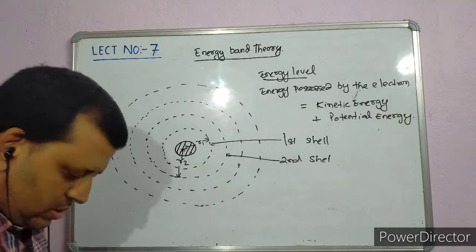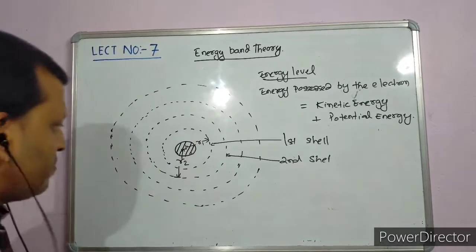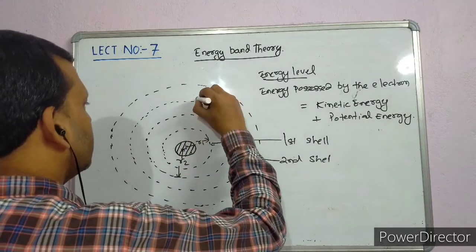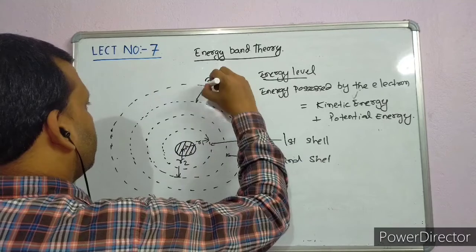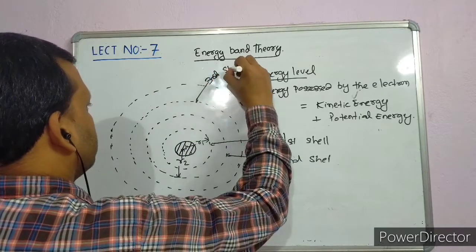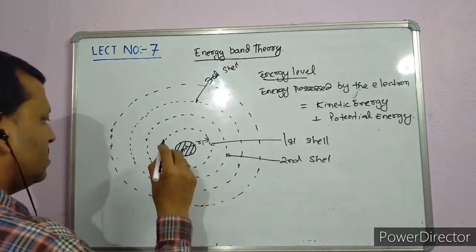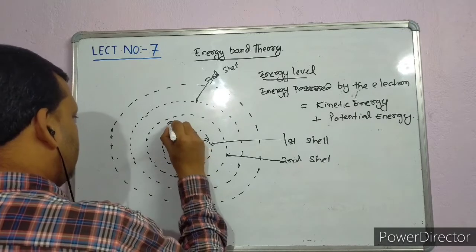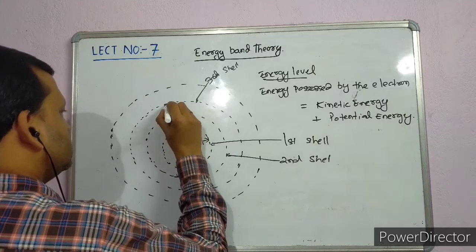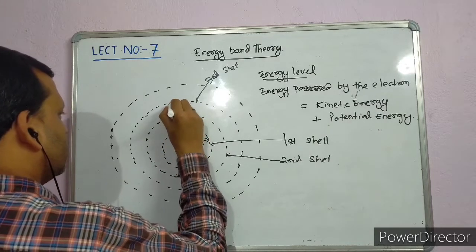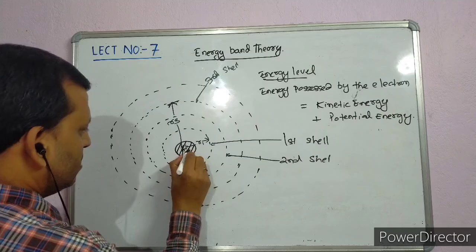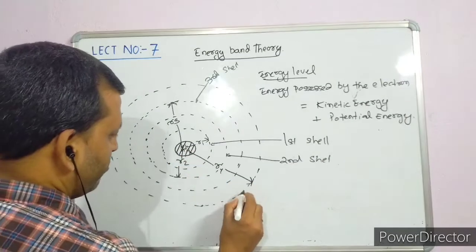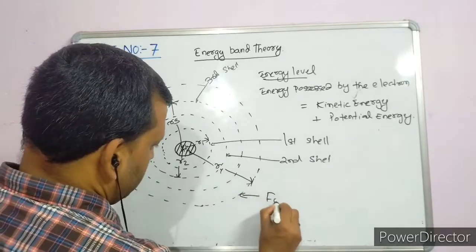This is our nucleus. This is our third cell, at a distance of R3 from the nucleus, and similarly the fourth cell is at a distance of R4 from the nucleus.